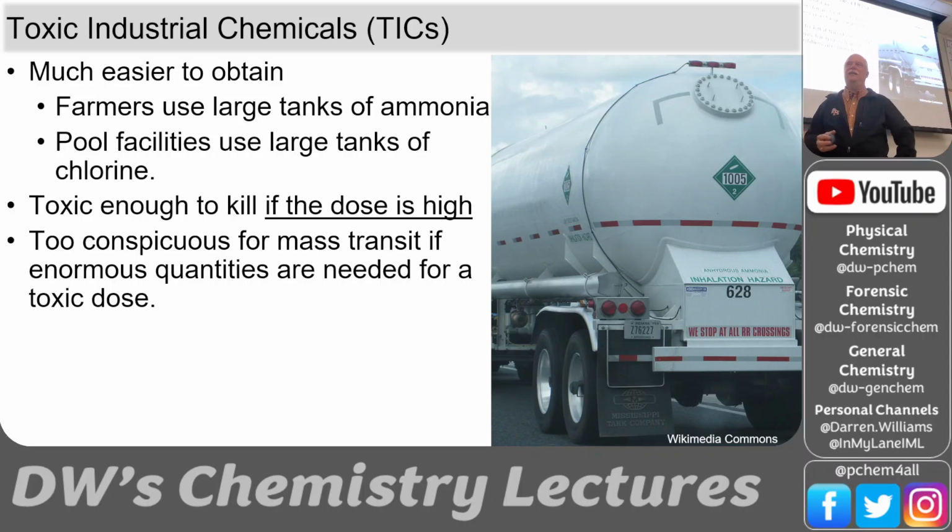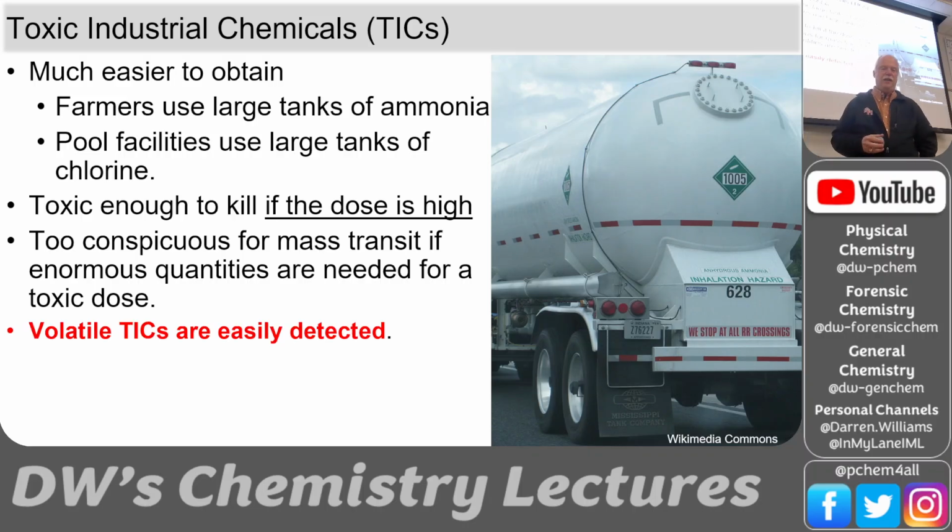It's going to be detected, okay? And also these volatile toxic industrial chemicals are easily detected. A lot of large buildings have detectors in their HVAC system. And so if they smell chlorine gas, they shut off the HVAC. And so that protects the whole building. And of course, ring the alarm, call the cops, and so on. That's all plugged in.